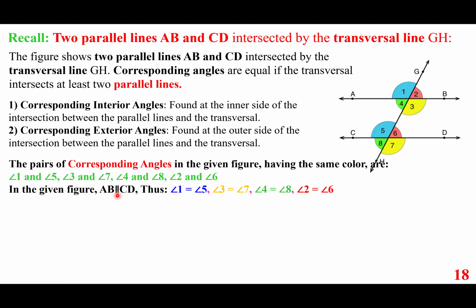In the figure, AB is parallel to CD, this is the notation. Thus, angles 1 and 5, the blue ones, are the same. 3 and 7, the yellow ones, are the same. 4 and 8 are the same. 2 and 6 are the same.